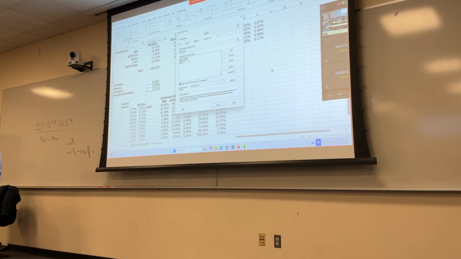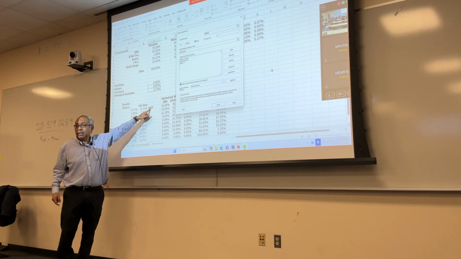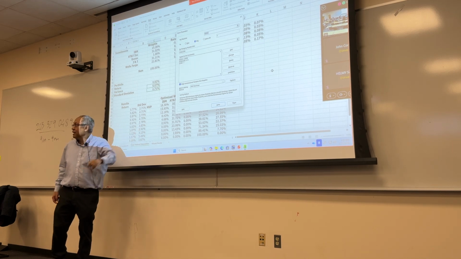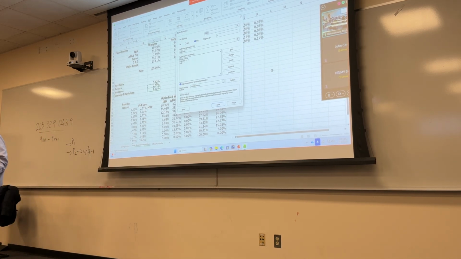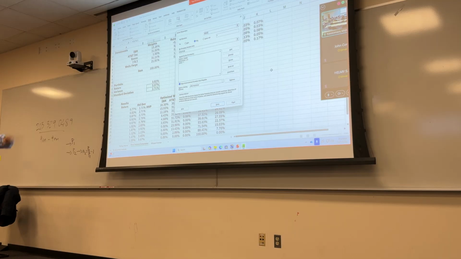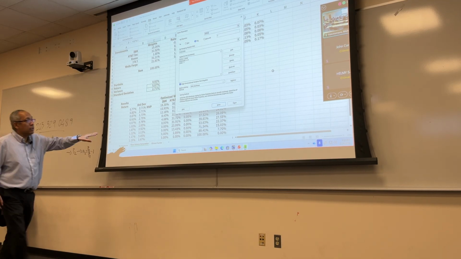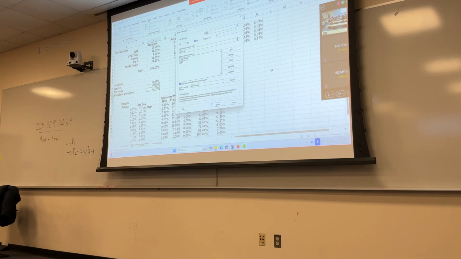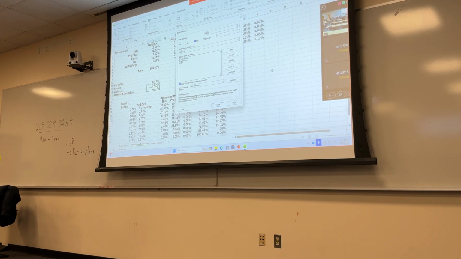So the first thing we're going to do is actually try and find, guess what? The MVP. I know it's late, but how would you change what you see on the screen in Solver to get the MVP? Do you still want to minimize variance? Yes, we do, because the MVP is the safest portfolio of all.